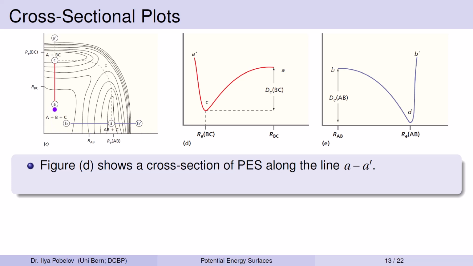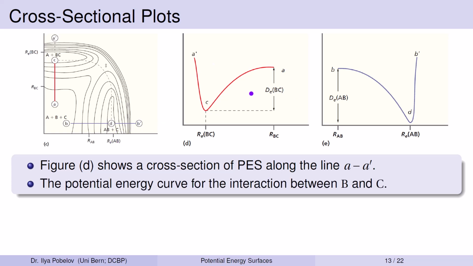As there is effectively no interaction with the atom A, this cross-section simply corresponds to the already known potential energy curve for the interaction between atoms B and C. The minimum along the RBC coordinate corresponds to the equilibrium bond length of the diatomic molecule BC, and the depth of the potential is equal to its dissociation energy.